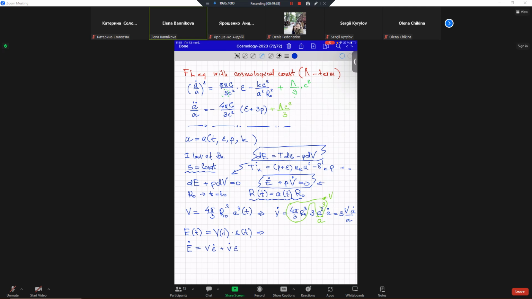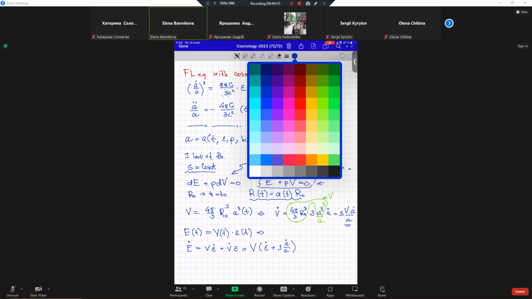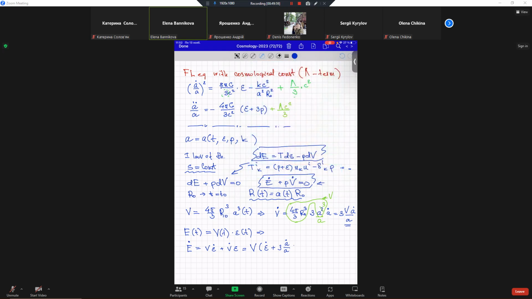And since we know what V point is, if we put it here, we can take V outside of the brackets, and here we will have epsilon point plus 3a point divided by a, sorry, epsilon also. Epsilon.